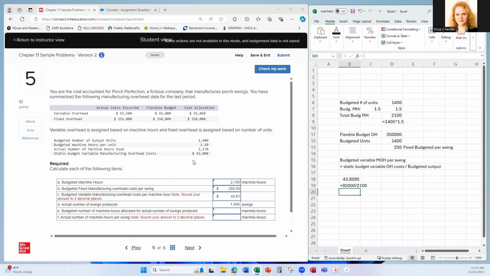So let's see, budgeted number of machine hours allocated for actual number of swings produced. Okay, so we're going to take our budgeted output units, 1,400 times the 1.5 per unit, which was the 2,100 we already calculated.